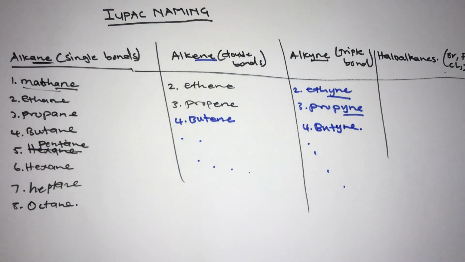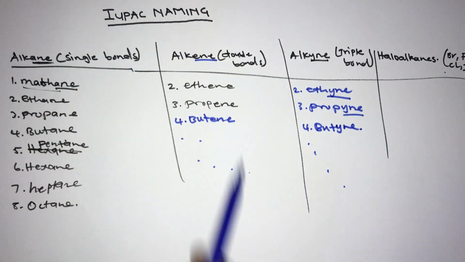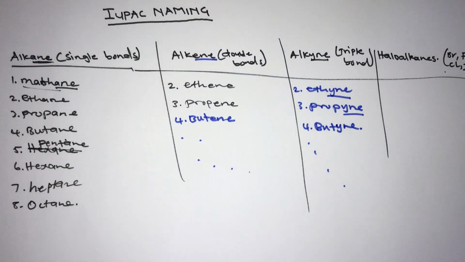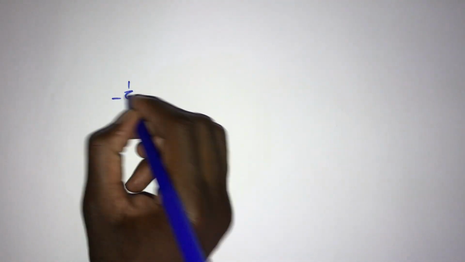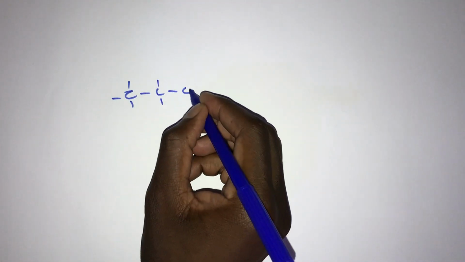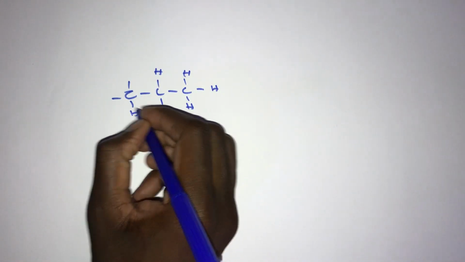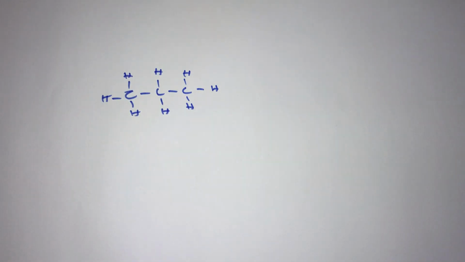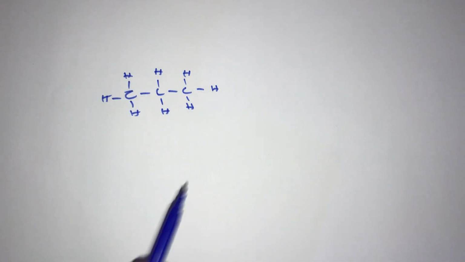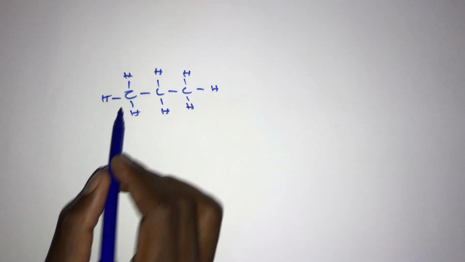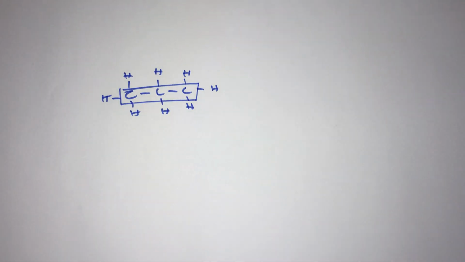So now, since we want to talk about the IUPAC naming, let's start here. Let's say we have this structure. So first you count the carbon atoms, you check the longest chain, or the parent chain. So here it's just a straight chain. That means this is our parent chain.